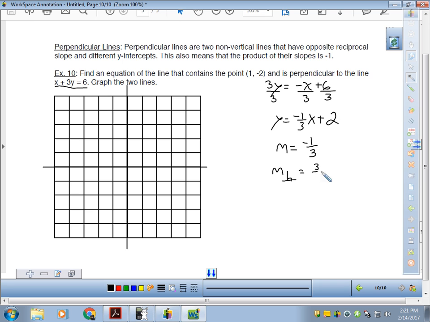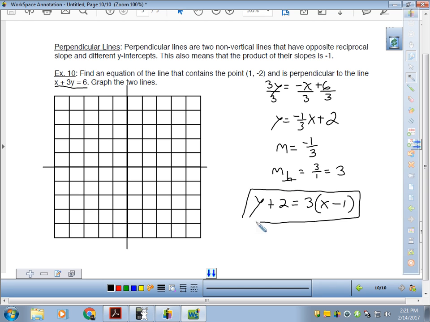I'm going to have 3 over 1, which is the same thing as 3. So there's my perpendicular slope. Here's the point I want to go through, so I'm going to have y + 2 = 3(x - 1). And I can leave it like that, although I'll have to probably rewrite it when I want to find my line to graph.